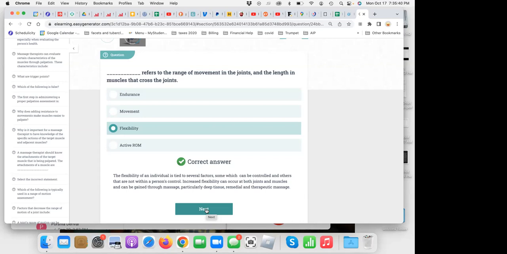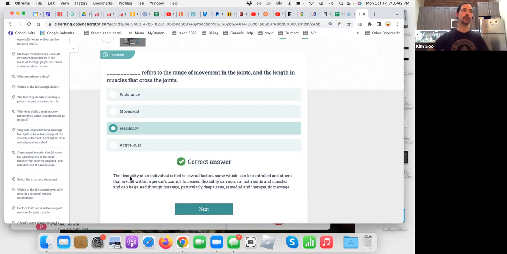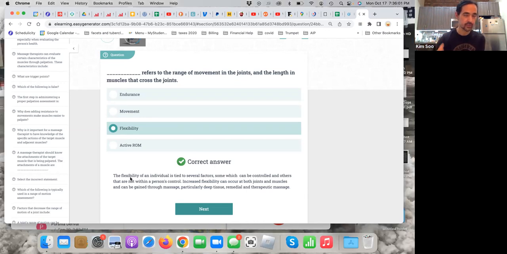I'm a little confused. Okay, so let me come at it from the other way. Flexibility is an aspect of the joint range of motion, and the ability of the muscles to fully contract and fully relax. Flexibility includes the muscles and the joints.